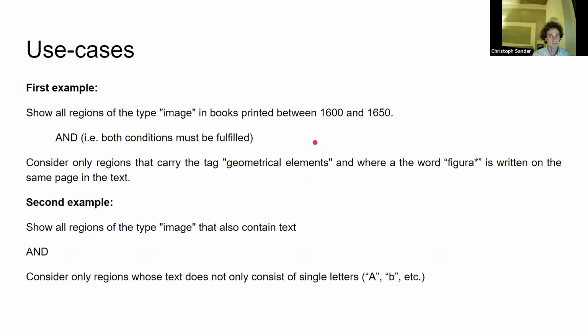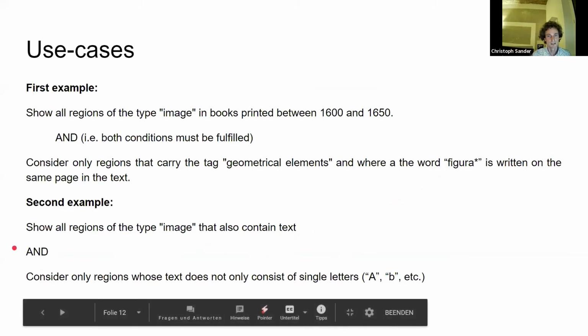And then I want to only have those results that also have the tag geometrical elements and, maybe more importantly, for example, the word figura written on the same page in the text. So the information is there, and a sophisticated search engine would be able to narrow it down to those results. And this is important for my research, to come up with certain statistical ideas about stuff I don't want to talk about today.